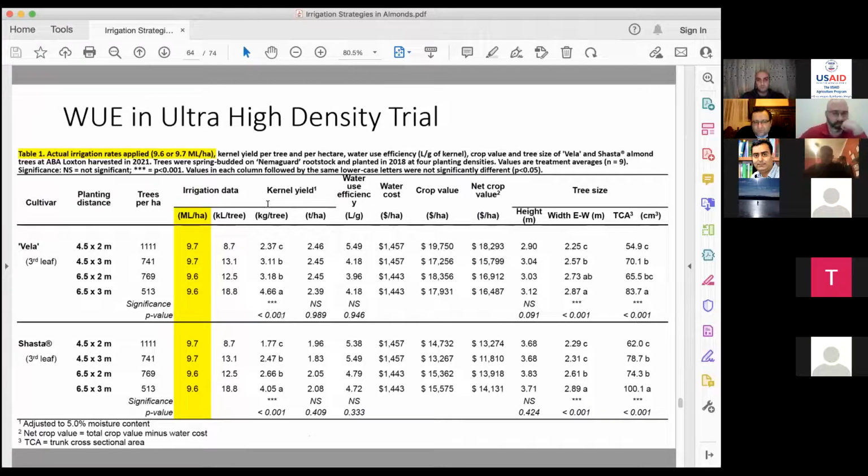So every other one, so see, we have 4 treatments, the planting distances. So 6.5 meters row to row and 3 meters tree to tree, that is the conventional system. So you will see that each row that I'm highlighting here, this one in Vela and this one in Shasta, that is basically conventional.